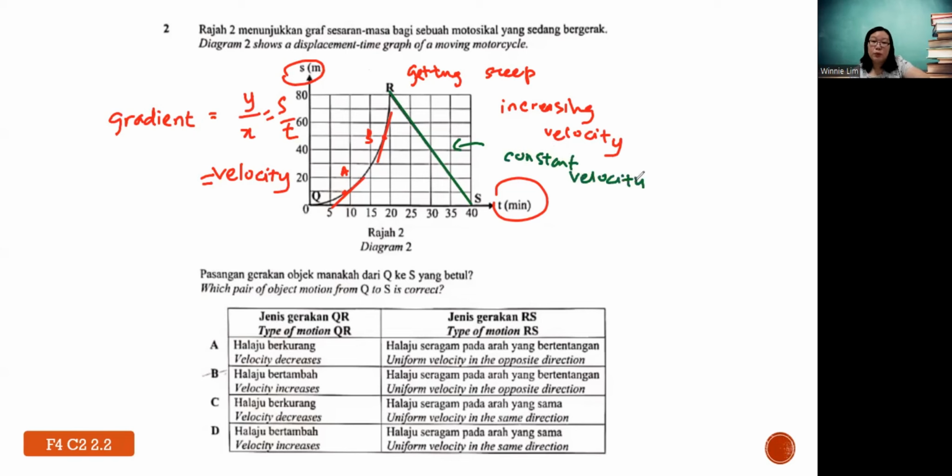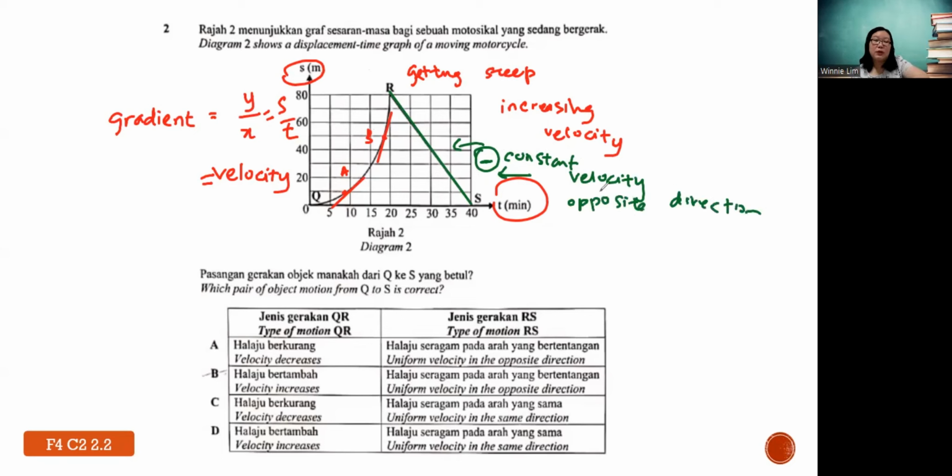But if you know maths, every time you calculate, you will actually get a negative answer, agree? So what does this negative mean in a displacement-time graph? This negative means opposite direction.